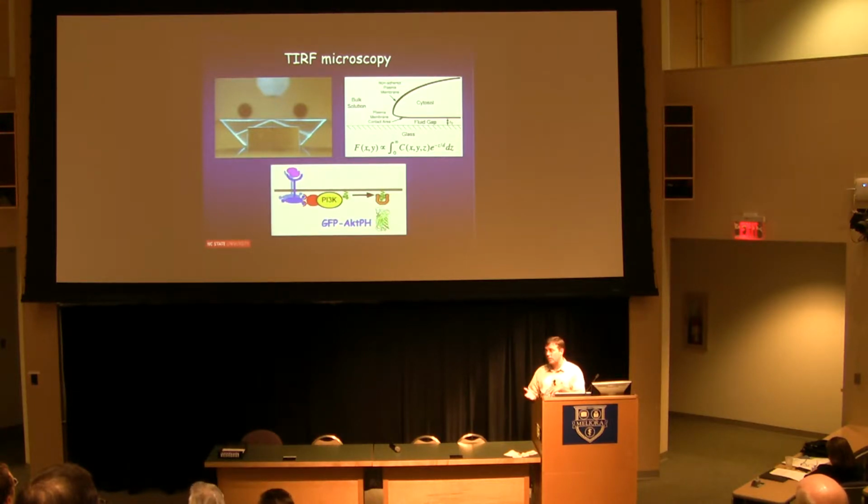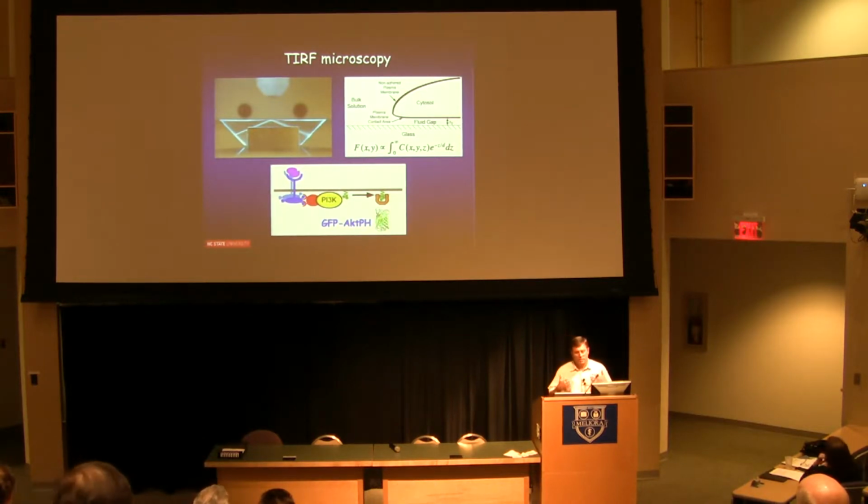Now, for this reason, we can only look at cell migration on flat surfaces. So we can't use this technique to look at elegant in vivo experiments. So there is going to be some compromise here. And that's really an open question, probably over drinks or whatever. I'd be happy to talk about that.